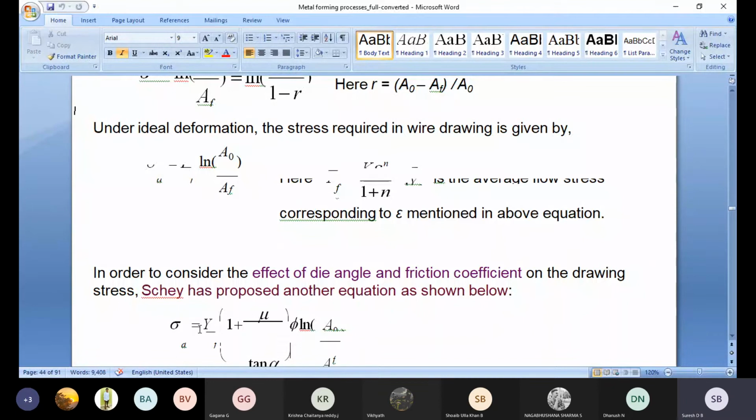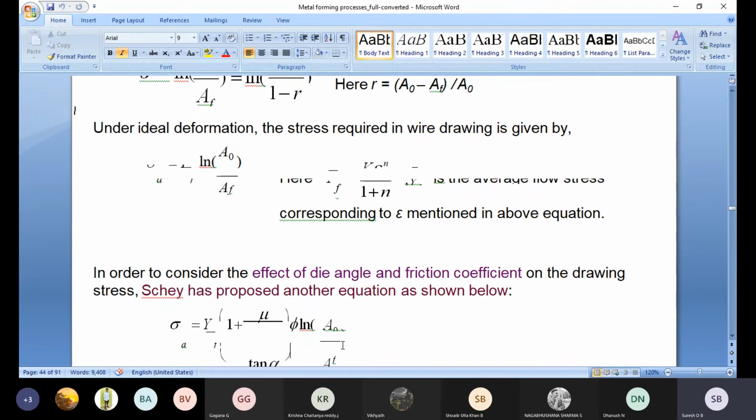Sigma equals Y x (1 + mu)/(tan alpha) x phi x ln(A0/Af). Here, mu means coefficient of friction. You consider friction for finding the stress, and the friction is created between the die and the workpiece material.